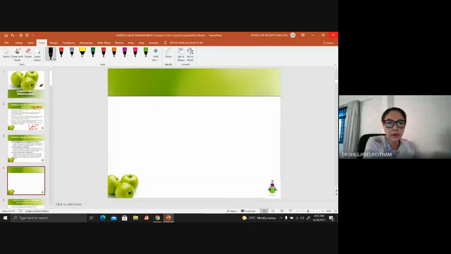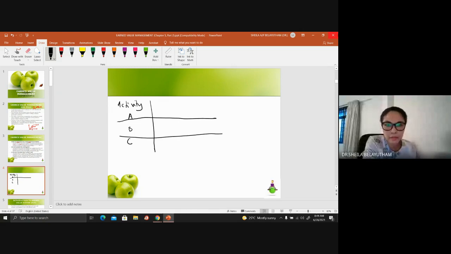For example, you have activities, and then you have the Gantt chart.